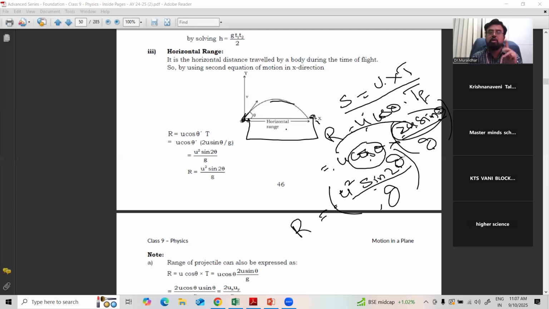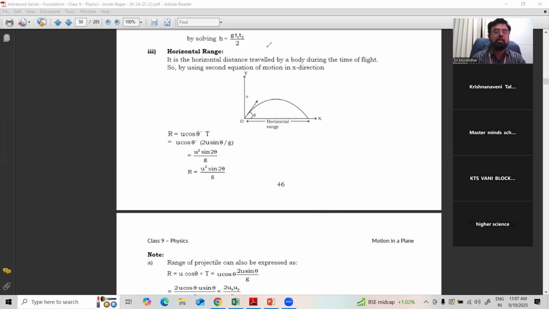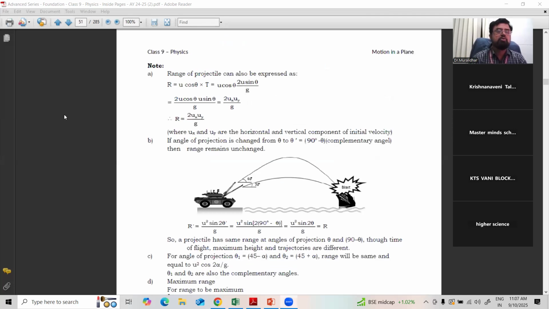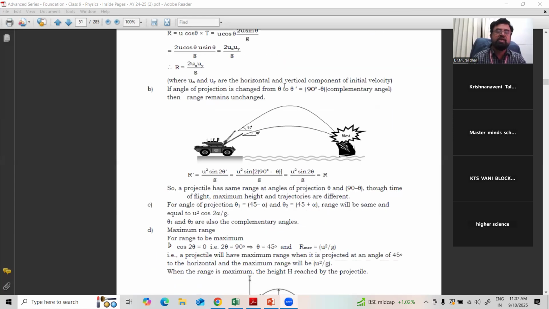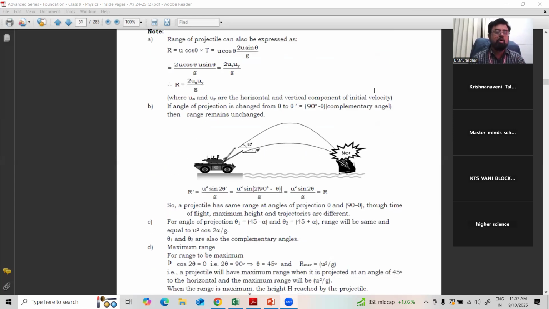The third formula. Maximum height, time of flight, and horizontal range. When you are throwing a body with a certain velocity and a certain angle, we found how much maximum distance it can cover. So, clear? Three formulas of the oblique projection. There are some special cases in that, for when it is maximum, like how to hit a bomb.